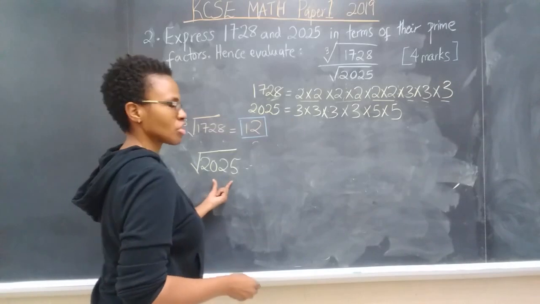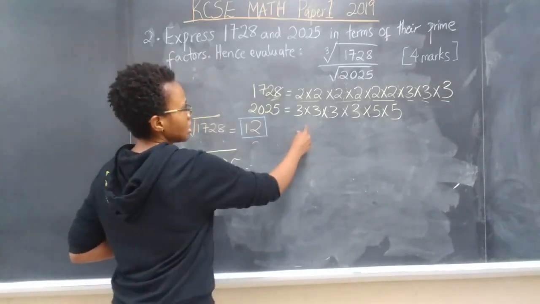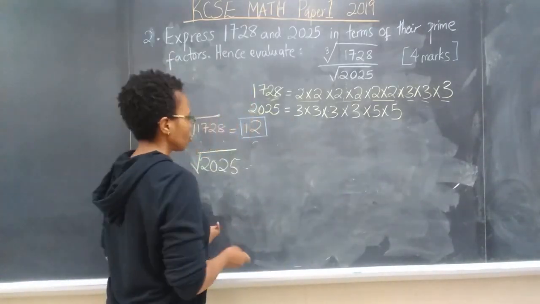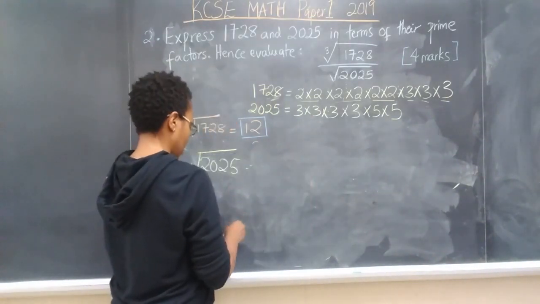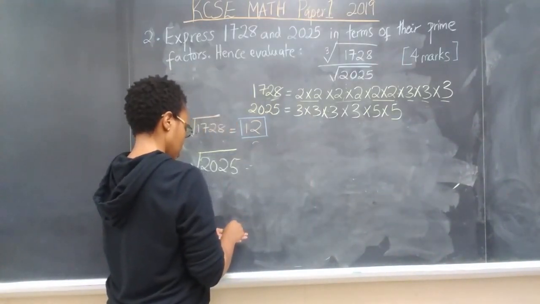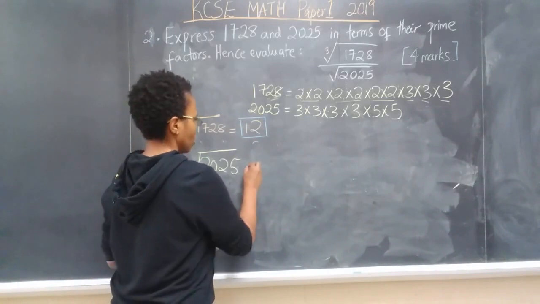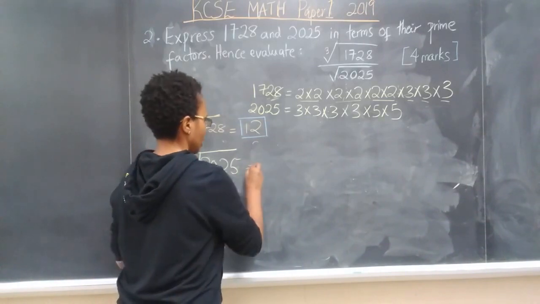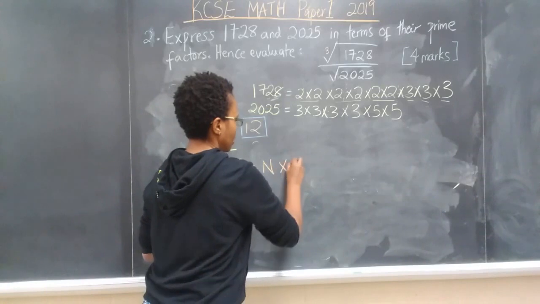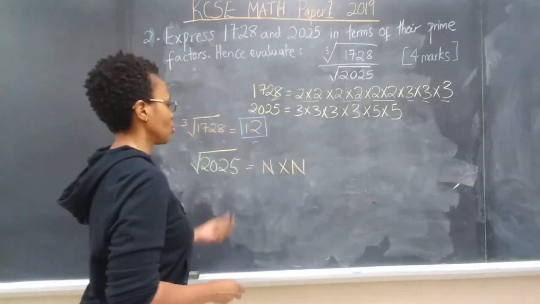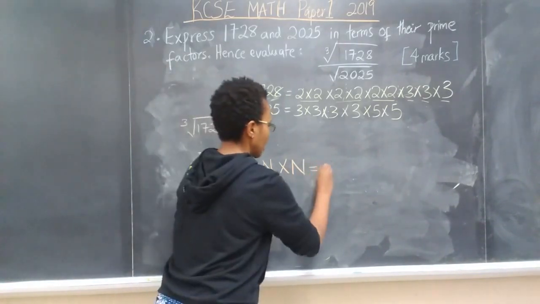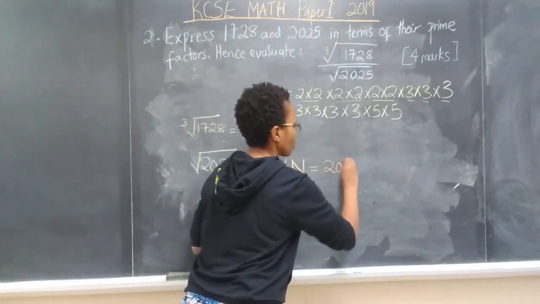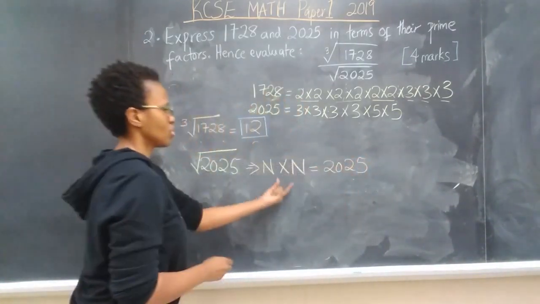Since it's a square root, we just need to split these factors into 2 numbers that, when you multiply by themselves, you get 2025. I'll call those numbers n instead of m. n times n is equal to 2025. So that's what that means.